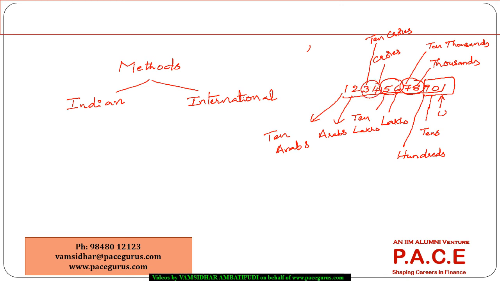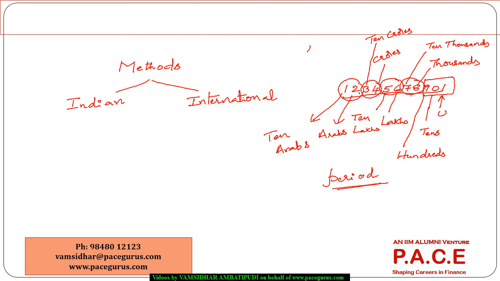Crores and 10 crores place is another group. Arabs and 10 Arabs place is another group. Typically I will read this as 12 Arabs, 34 crores, 56 lakhs, 78,901. Each of these groups is otherwise called a period.